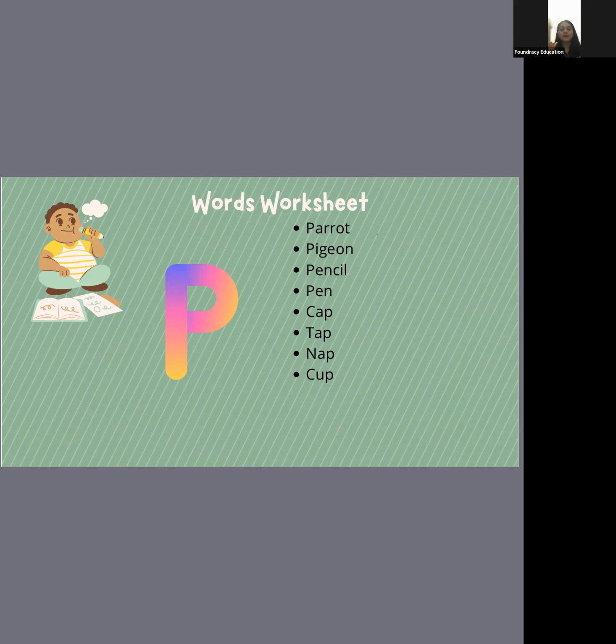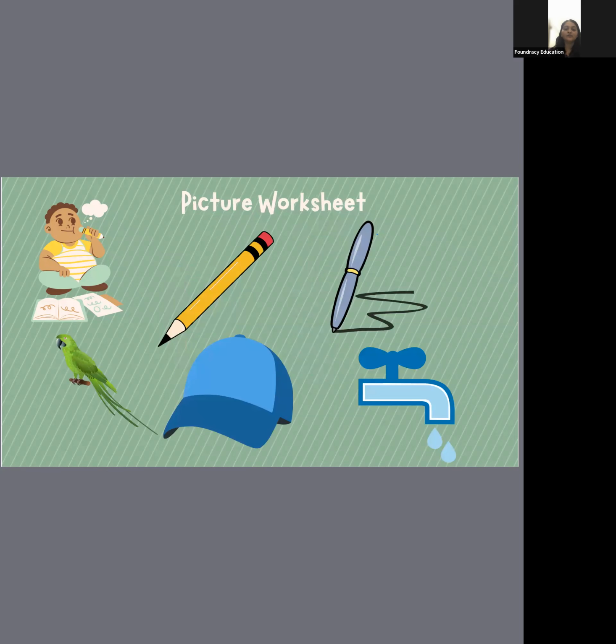Show them this letter and try to practice with them. Pen, pencil, engine, parrot. So that the kids are able to reproduce the sound when they see it. And similarly, this is the picture worksheet. So this is pencil, pen. This is cap, parrot, tap.